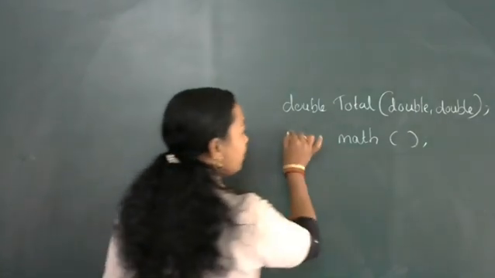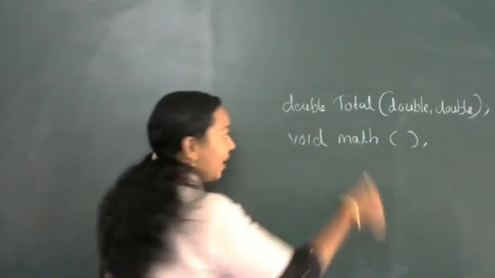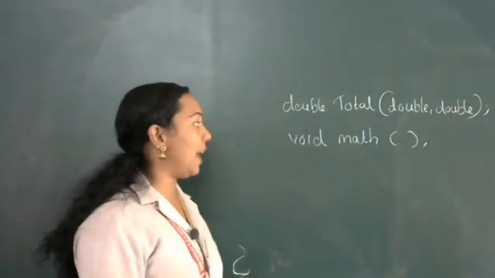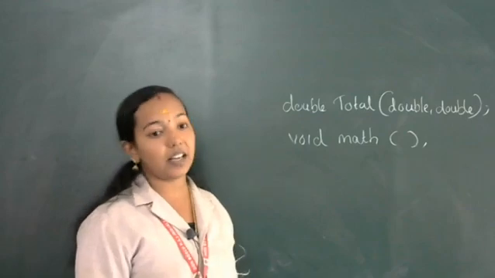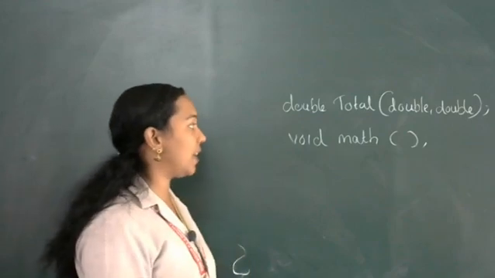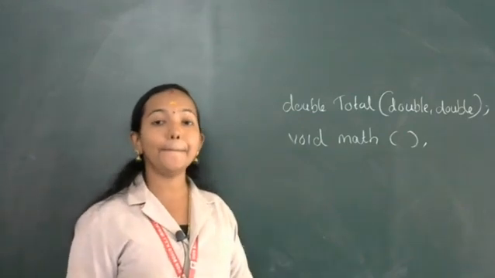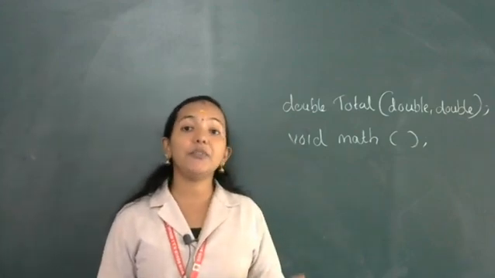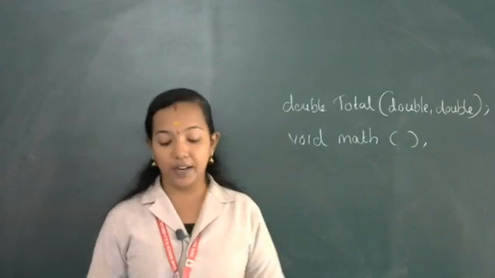For representing an empty value, we use the data type void. So this will be the second prototype for the math function: void math, with no argument type mentioned. Clear? Like this we can write the prototype of a function.